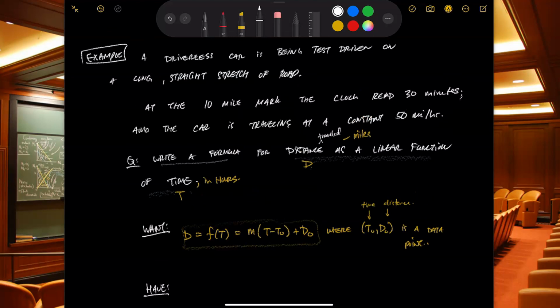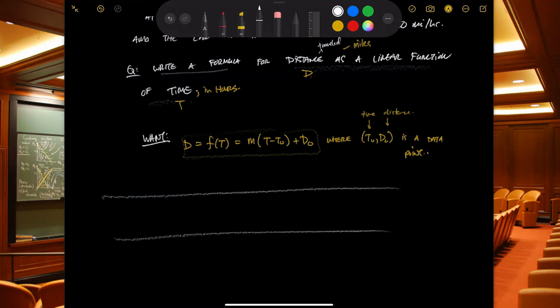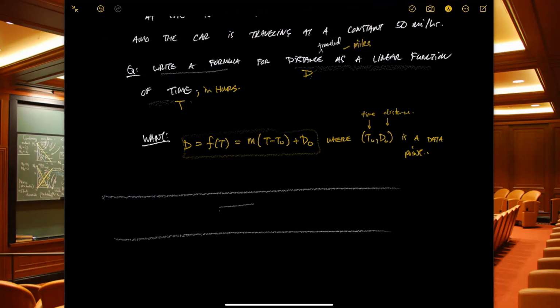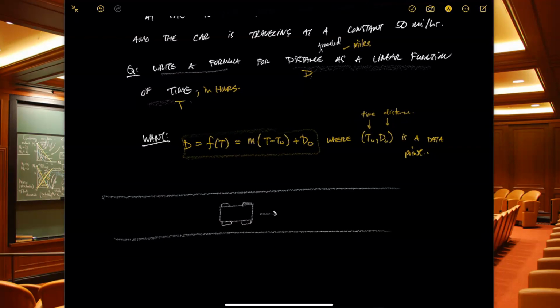Well, we have some stuff. Just looking at this, it might help to draw this out too, just so you understand what's happening. Got a long stretch of road, got this perfectly drawn car, because we're all artists, and it's going in this direction.